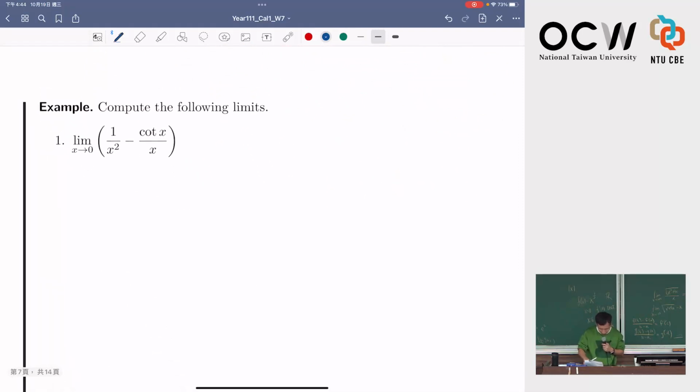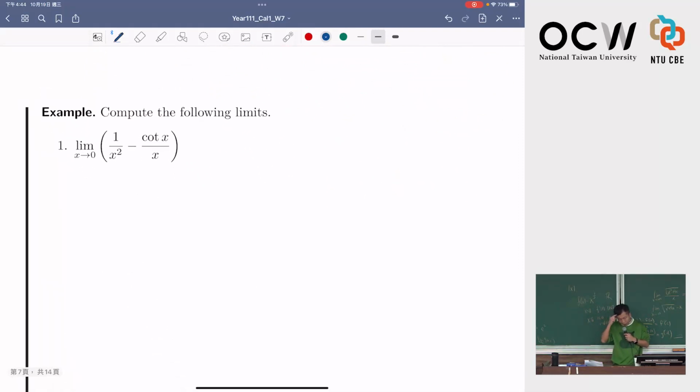Example 1. Compute the following limit: 1 over x squared minus cotangent of x divided by x. When x goes to 0, the first term goes to infinity, the second term also goes to infinity. And the answer is not 0.